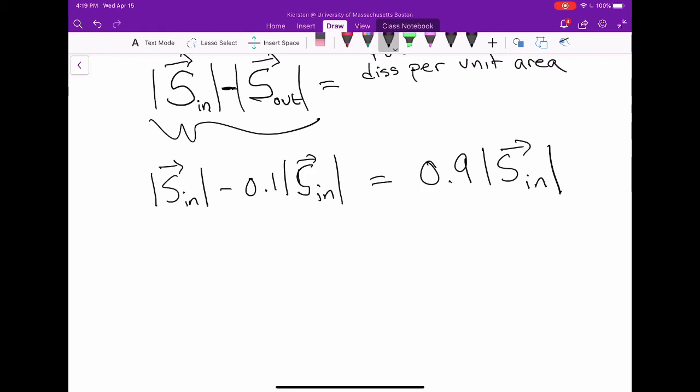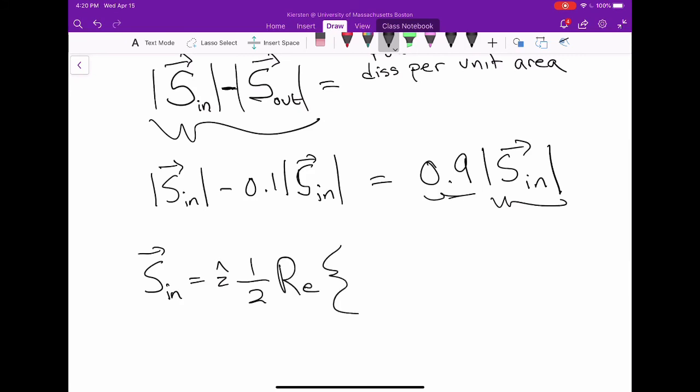So we want to know the total amount of power dissipated per unit area. First, we have to find the amount of power that went in, and then we have to multiply by 0.9. How do we do that? S in is equal to, it's going to be along the direction of propagation, 1/2 the real part. We're doing the time average Poynting vector, obviously. E cross H star.